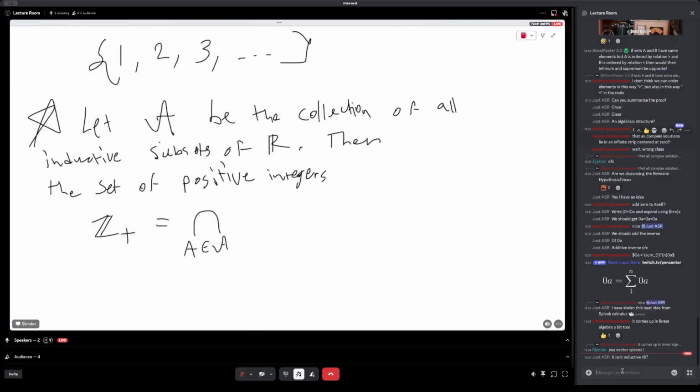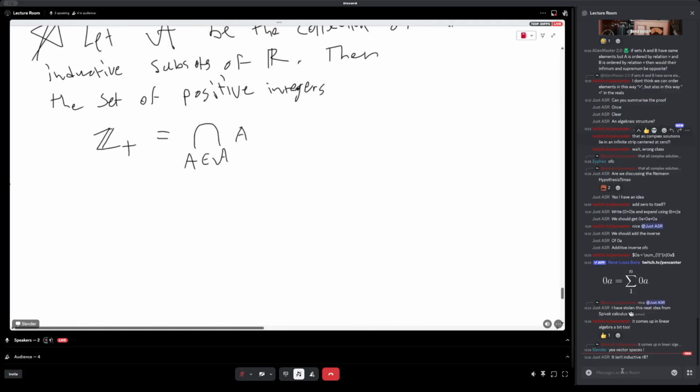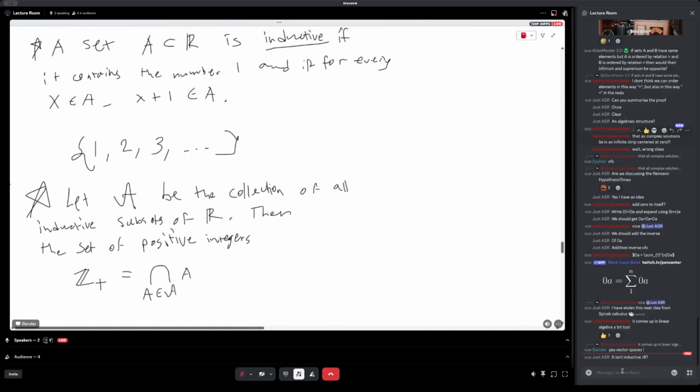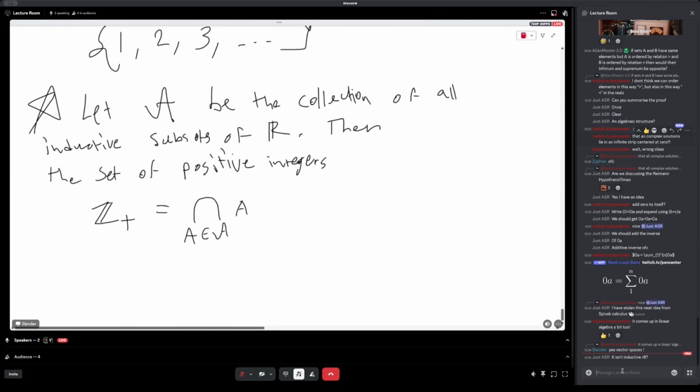So this collection is acting as an index set here. So Z plus is the intersection of all inductive subsets of R. This is how we are defining Z plus, the set of positive integers.